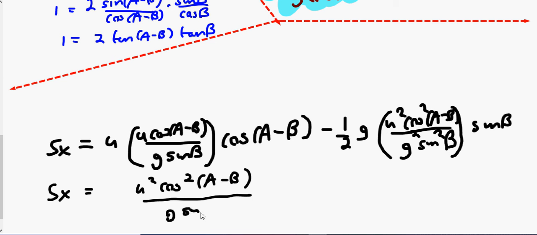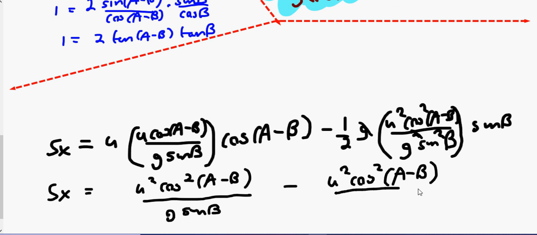That g cancels with that g, and then we end up with u squared cos squared(a minus b) all over 2g.